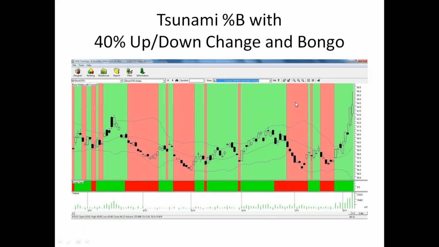Now, one thing that HGSI does, very important, when I first started using HGSI, it was confusing. It was like, how could we have a tsunami up all these days? How can we have a tsunami down all these days? The only tsunami day is the first day of a color change.